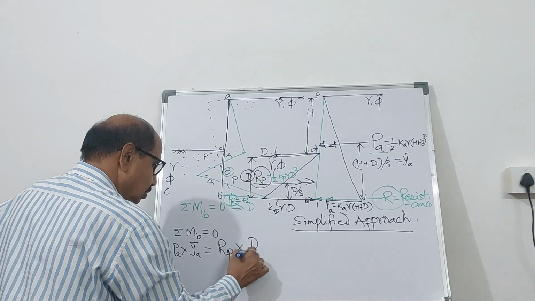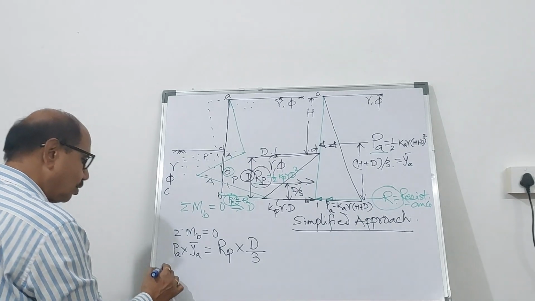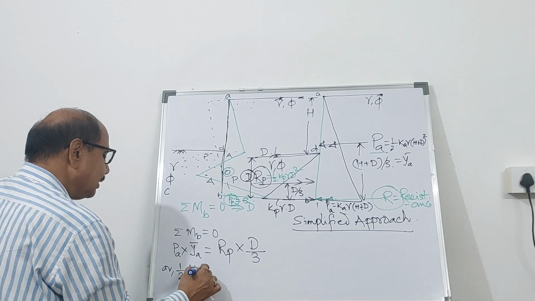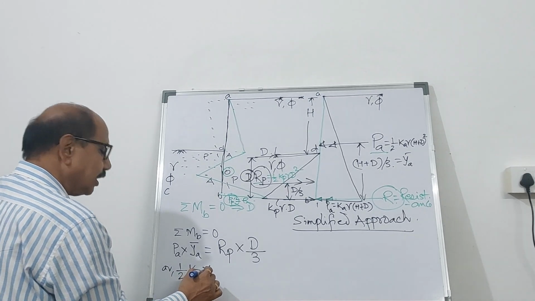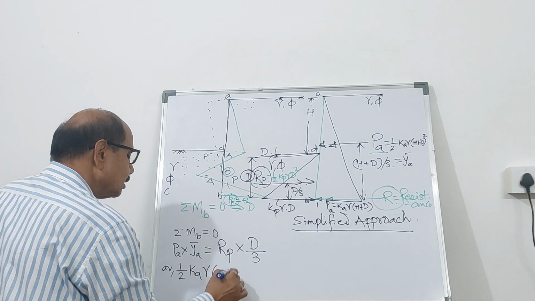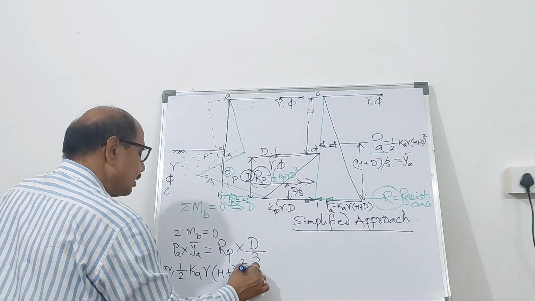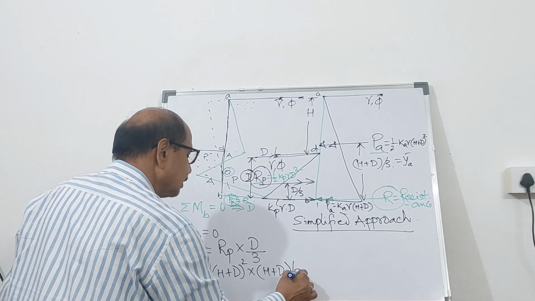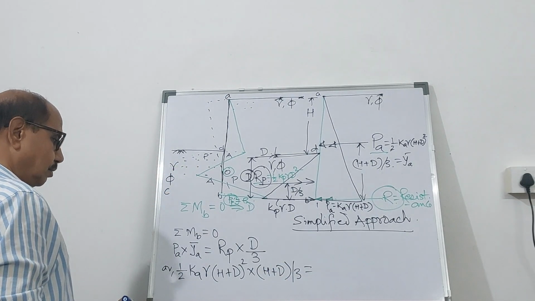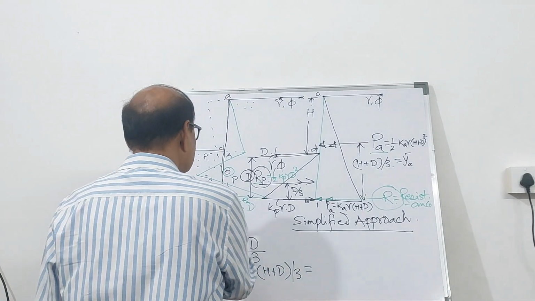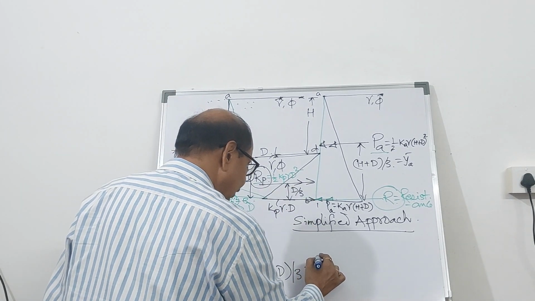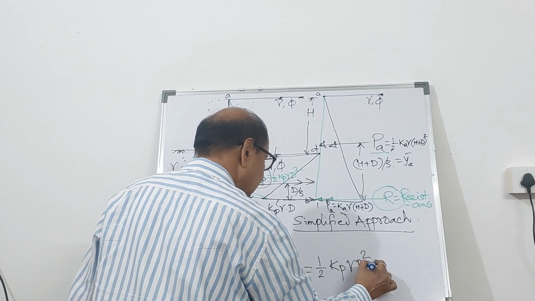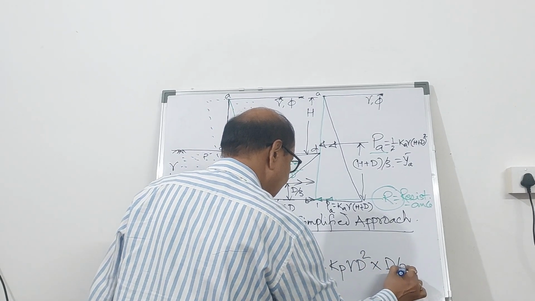So, we can say half k gamma (h plus d) whole square into (h plus d) by 3 must be equal to this RP, which is half kp gamma d square into d by 3.